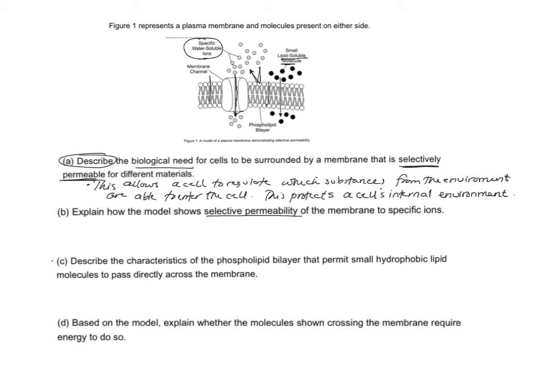So that's selective permeability in this model, is that some ions can pass through the channel while other ions cannot.